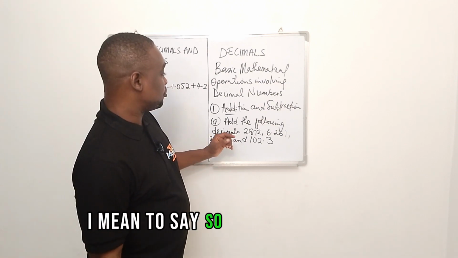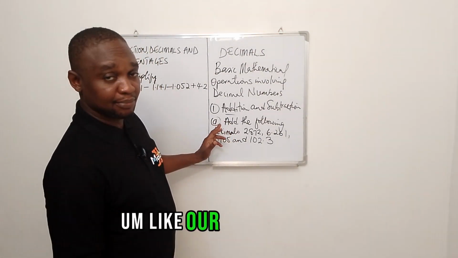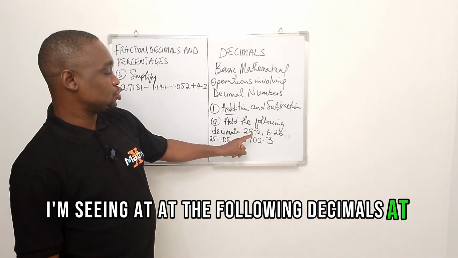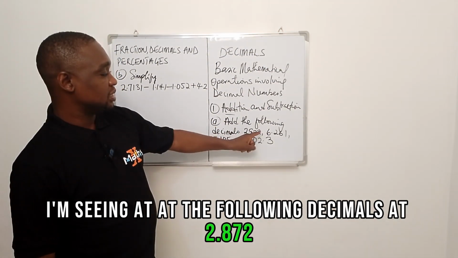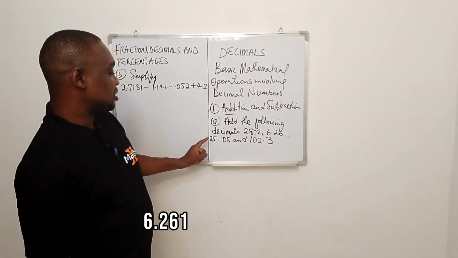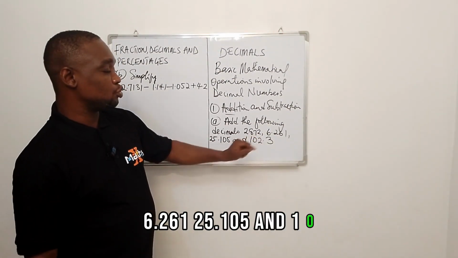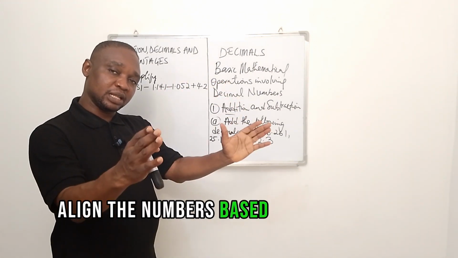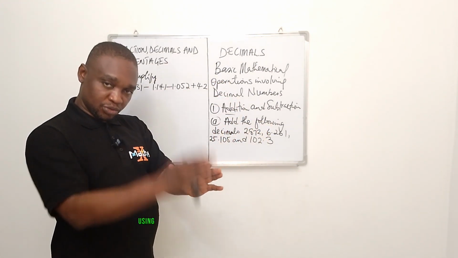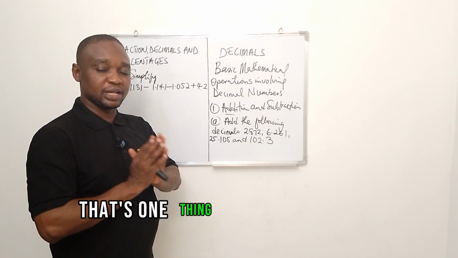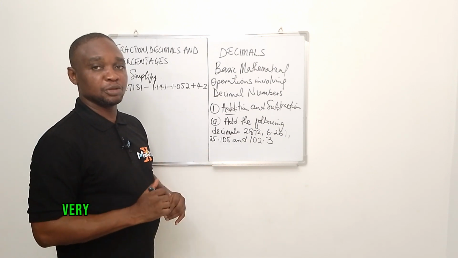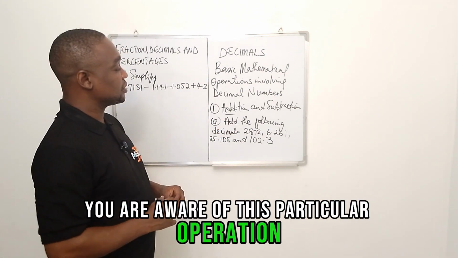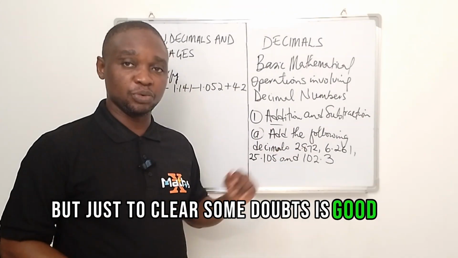For instance, our first example here, I'm saying add the following decimals. That's 2.872, 6.261, 25.105, and 102.3. To add this, you're going to align the numbers based on their place values using the decimal points. That's one thing with addition and subtraction. It's pretty simple. I know most of my students and viewers are aware of this particular operation, but just to clear some doubts, it's good we get into it.